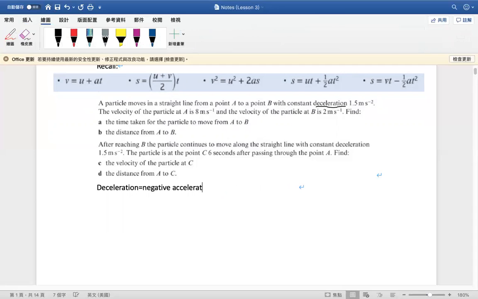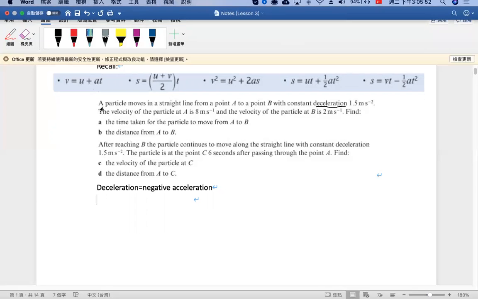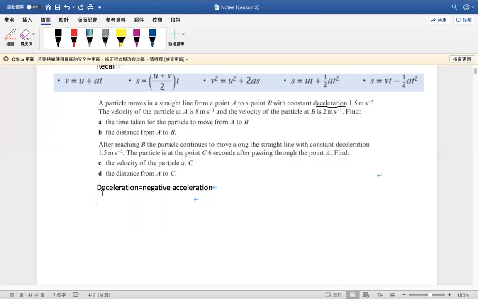Can you understand this? Sorry, I can't hear you. All right, yeah. So that means, for example, your particle. That's why you'll see that the velocity initially is 8, and then the final is 2.